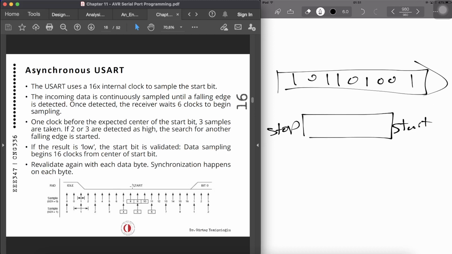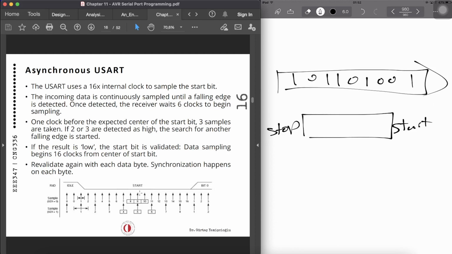Because that's the center, 1 clock before is the 8th in this case. So 3 samples are taken: 8, 9, and 10 are taken as the 3 samples.